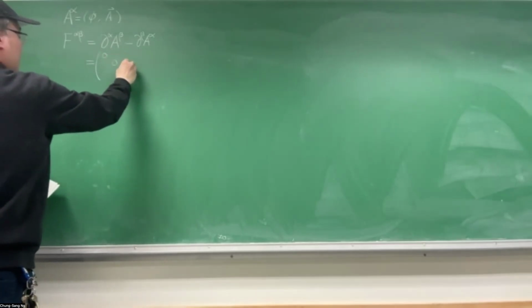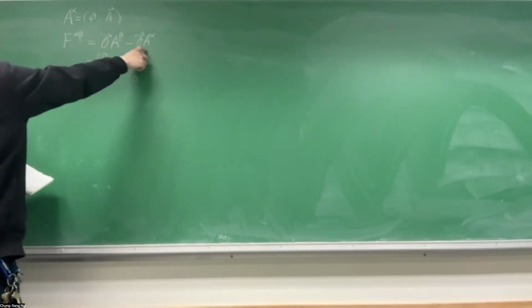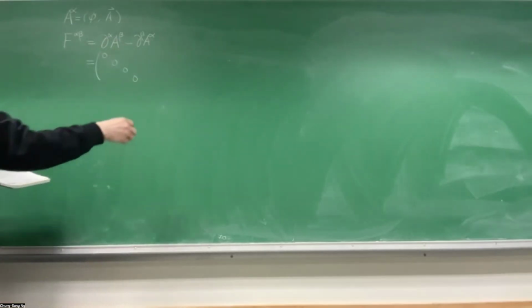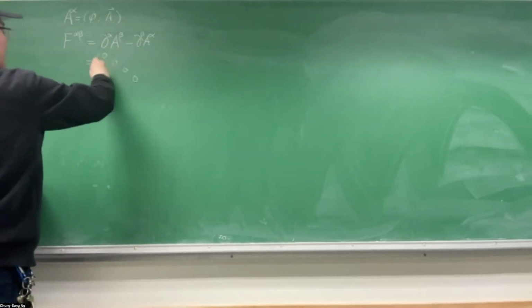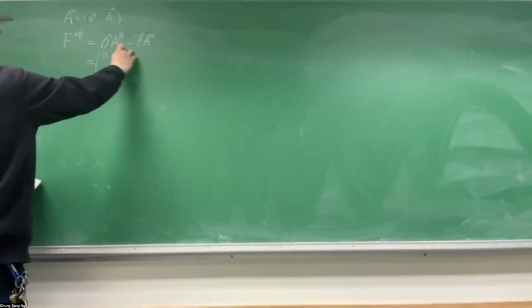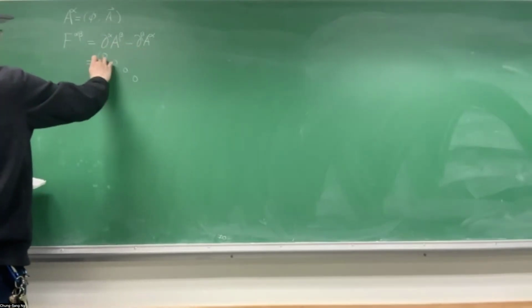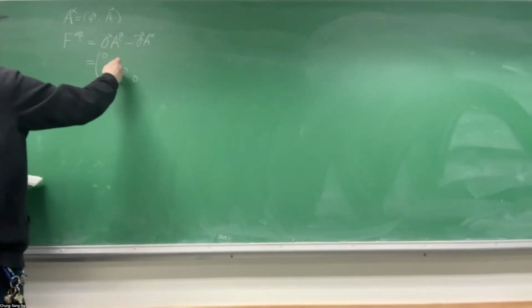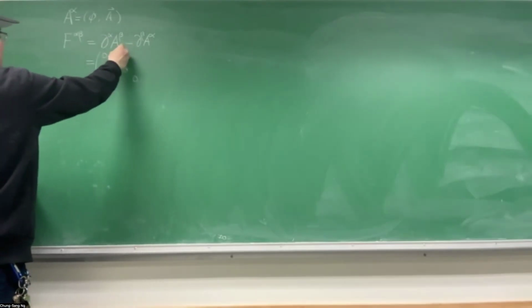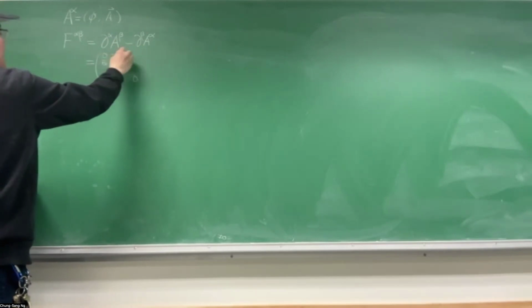All diagonal elements are 0 because this one is anti-symmetric, so that's quite obvious. And then because of anti-symmetry, you only have 6 elements that are independent. The other 6 are the negative of the corresponding one. So this is minus EX. This would be EX. Right?